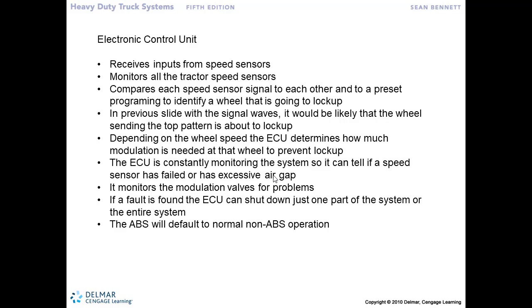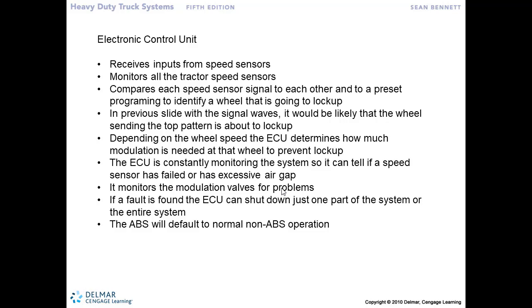Likewise, if that speed sensor moves away from the tone ring, it's going to get a lower and lower voltage signal each time it passes by. So if the ECU sees that for one wheel speed the voltage signal is getting less and less, its logic is going to tell it that the speed sensor has moved away, and it can't trust the signal it's getting from that speed sensor.